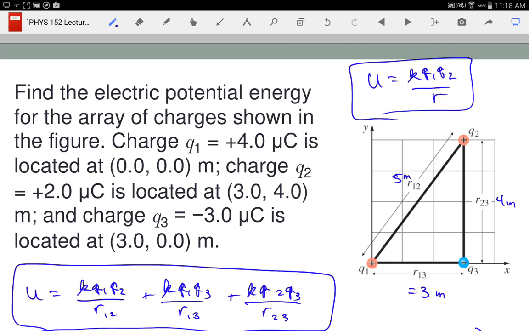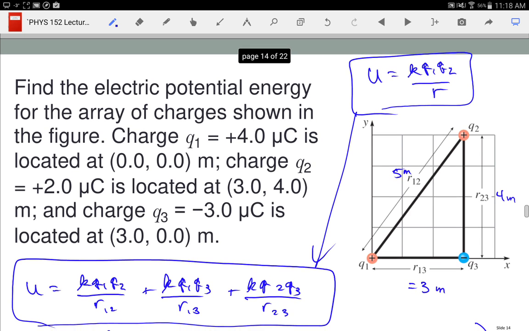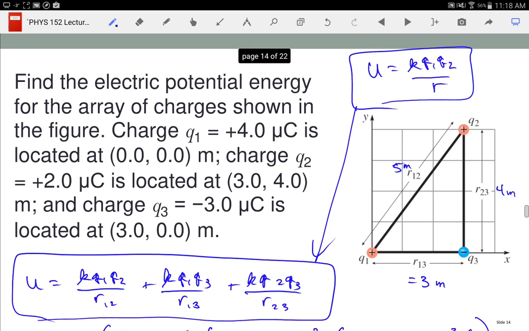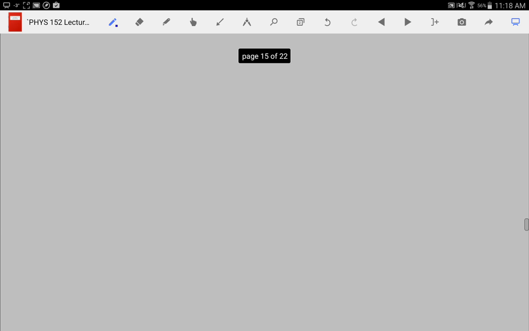Yeah, you need to know, the potential energy is the potential energy between each possible pair, and go from there. Because you have the equation for the potential energy. You have to know how to use it. I point that out because I've given a problem like this in the past, and students are all, I didn't know what to do with multiple charges. Well, you need to know.